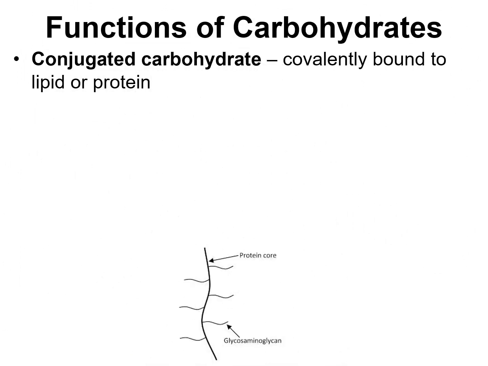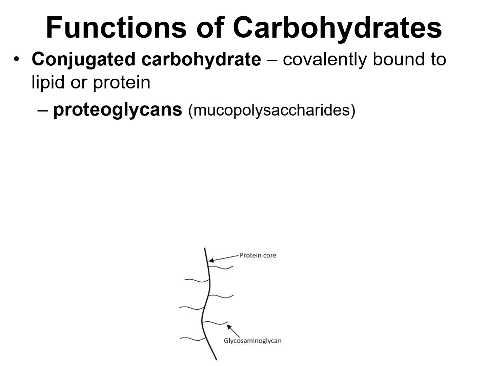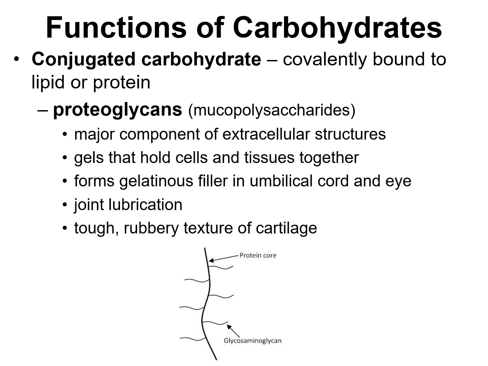There are also other conjugations between carbohydrate and protein. In the previous examples where we discussed glycolipids and glycoproteins, the carbohydrate component was minor. There are these substances called proteoglycans or mucopolysaccharides where the carbohydrate component is significant. These proteoglycans and mucopolysaccharides are major components of extracellular structures.